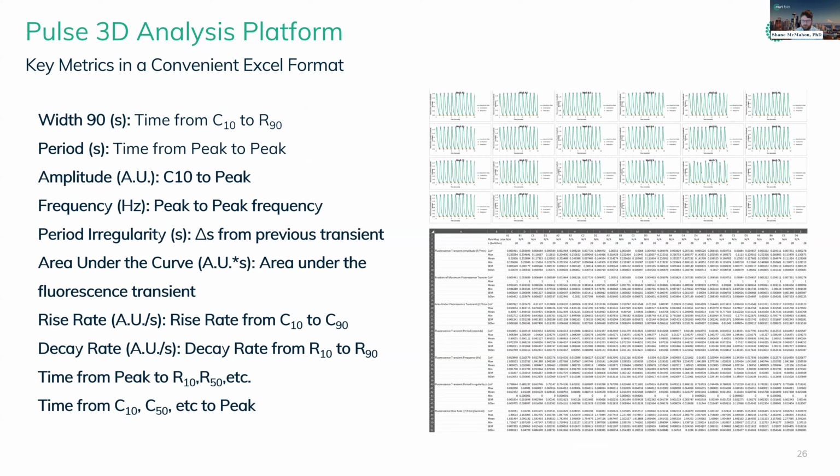And it will provide you with a convenient, easy to use Excel format, with plots illustrating the peaks that were detected and the values, and summary statistics of all of our key metrics.